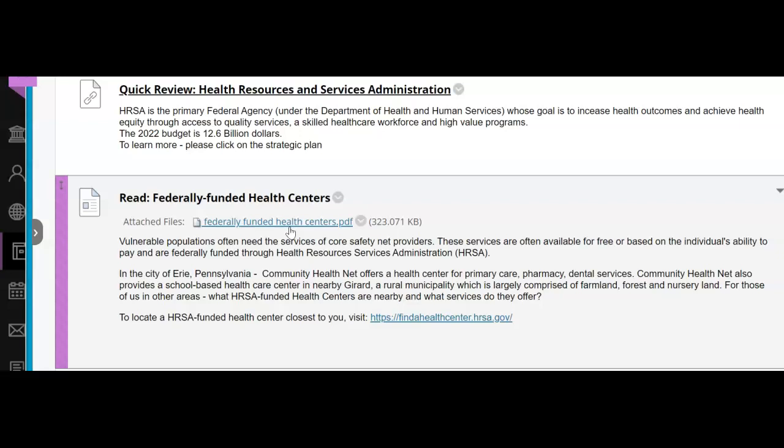These services are often available for free, or they're based on the individual's ability to pay. Again, they're federally funded to help serve those with limited access to healthcare.